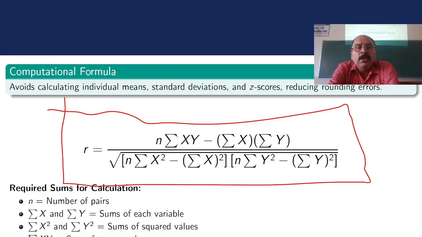This is the formula with which you shall calculate the Pearson's coefficient. I think this formula is simple, straight, and direct, very easily understood by all of you.